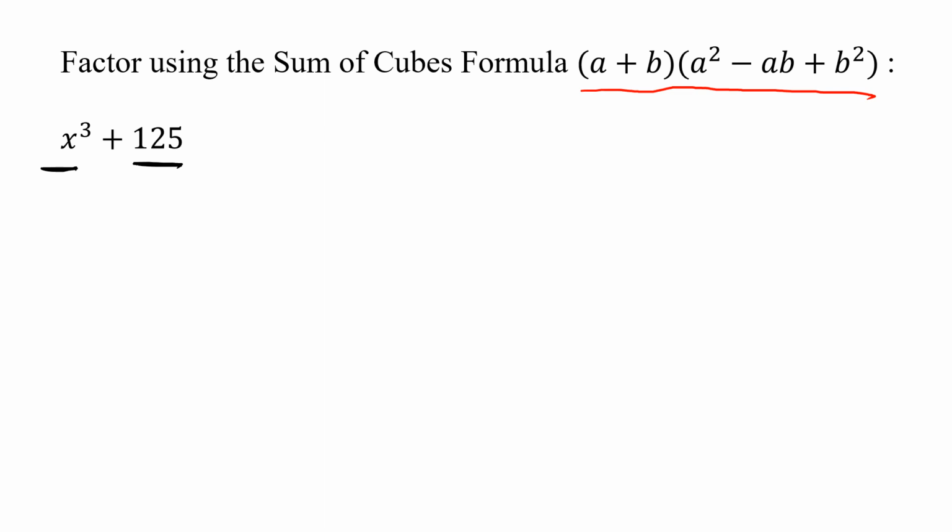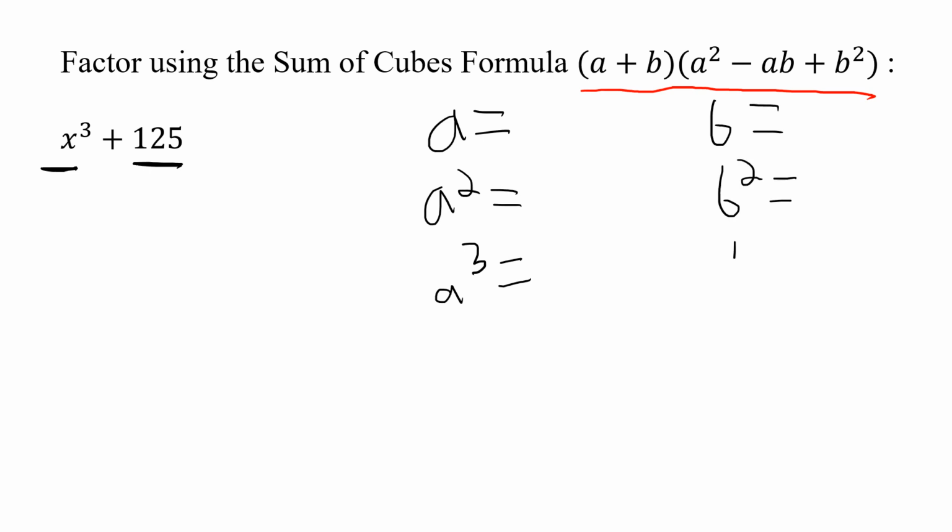What we have to do is define a, a squared, and a cubed. Likewise, we have to define b, b squared, and b cubed. Now remember how in the previous slide I said that a sum of two cubes is a cubed plus b cubed?